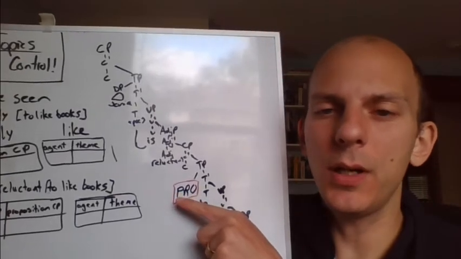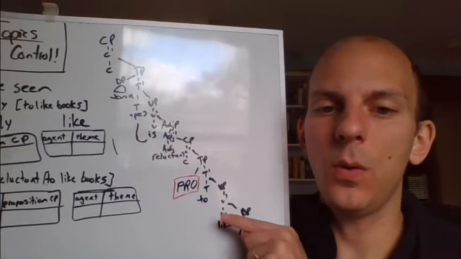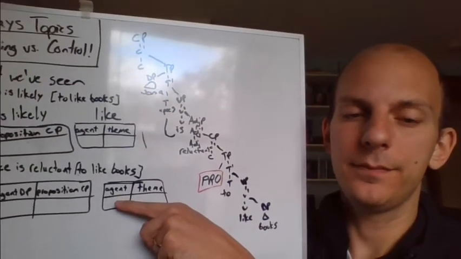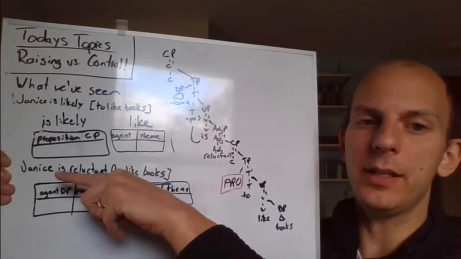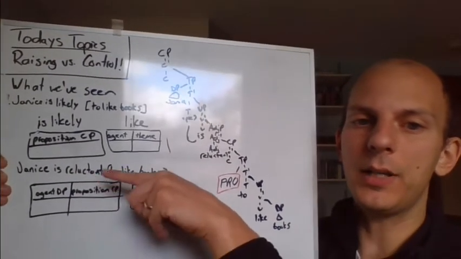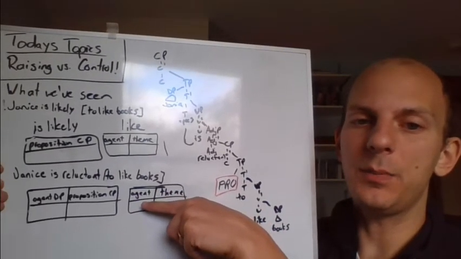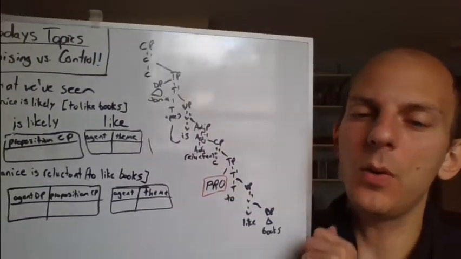So this big PRO goes in there, and it takes the theta role from "to like", that agent one. It's what goes here. So Janus, the overt Janus, goes here. Janus is reluctant. We can see it there. The proposition is this, to like books. The theme is books. And now we have something to put in this box, this theta role box, which is this big PRO.